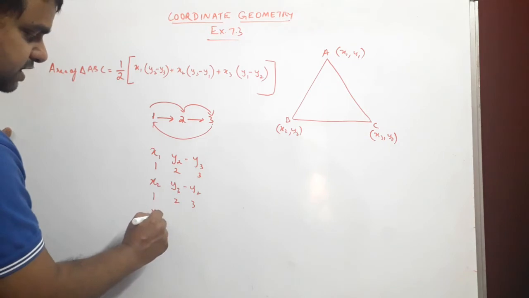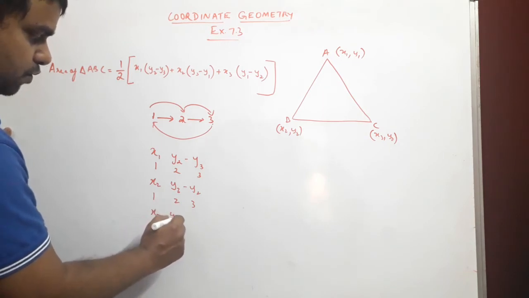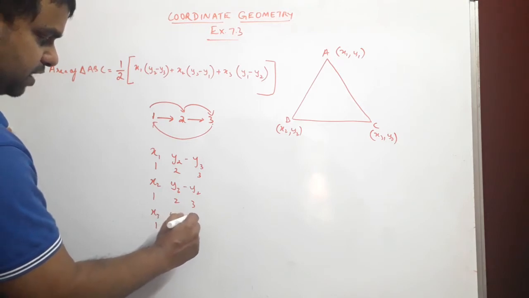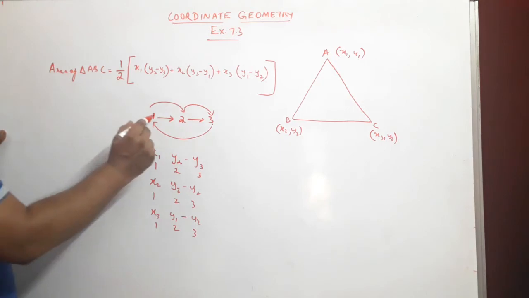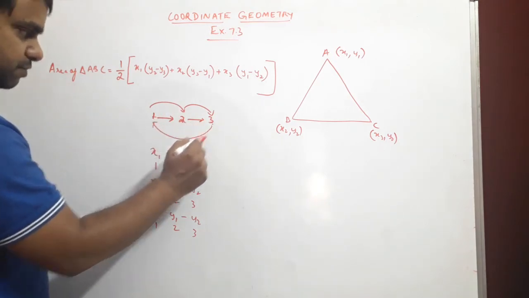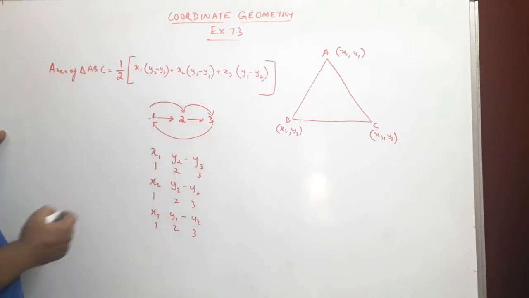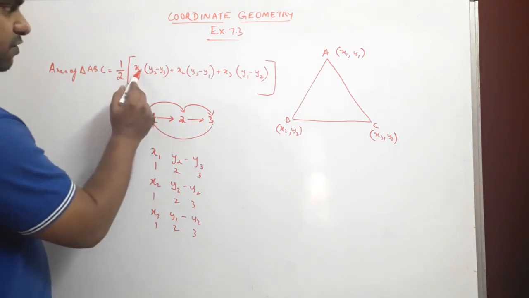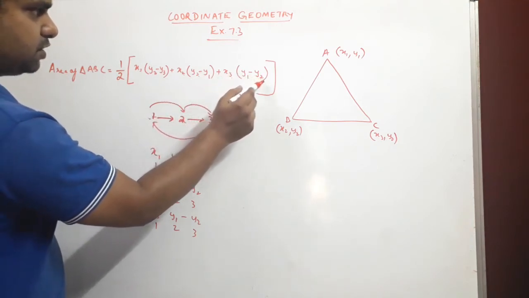And when x3 is at 1 position, you have y1 minus y2 at 2 and 3 position. Got it? So from 1 to 2, 2 to 3, and from 3 it is 1. Okay, and then again it goes in that order. So same way we have 1, 2, 3, 2, 3, 1, 3, 1, 2.